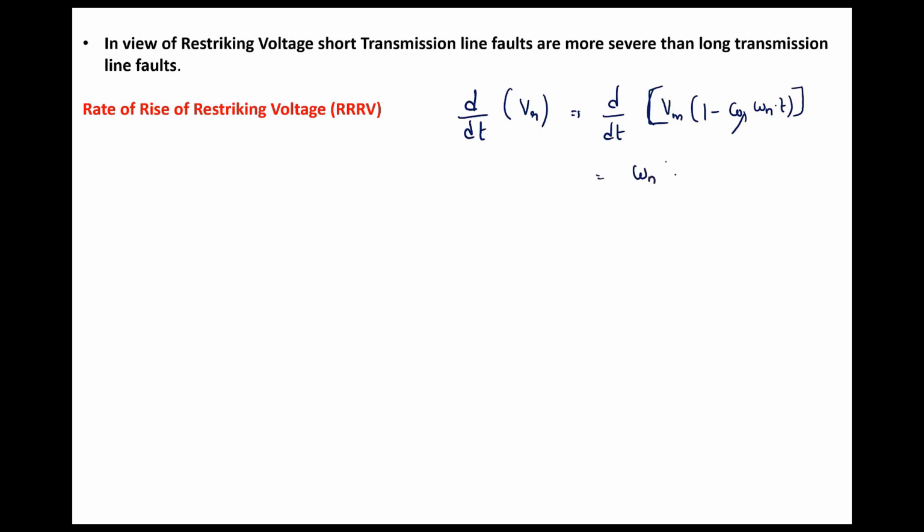Omega n into Vm into sin omega n t. So this is the rate of rise of restriking voltage, whose value will be so many kV per second. That is Vm into omega n sin of omega n into t is the rate of rise of restriking voltage. Understand?